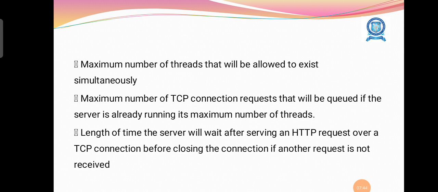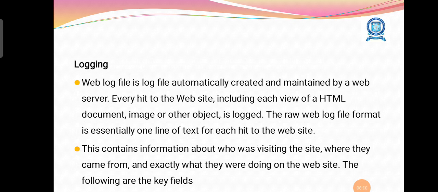Maximum number of TCP connection requests that will be queued if the server is already running its maximum number of threads. Length of time the server will wait after serving an HTTP request over a TCP connection before closing the connection if another request is not received. Everything will be defined in the server configuration.